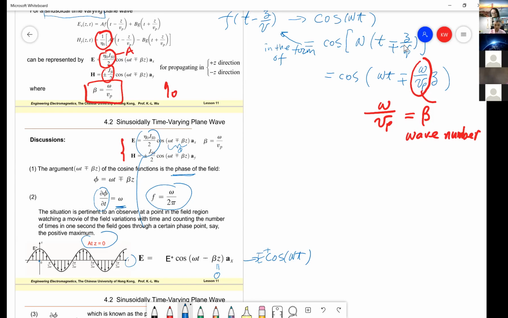Then how it changes is just sinusoidal change, right? When omega t is smaller than pi over 2, or t less than pi over 2 omega, this is positive. Then after that it is negative, and then positive again and then negative again.